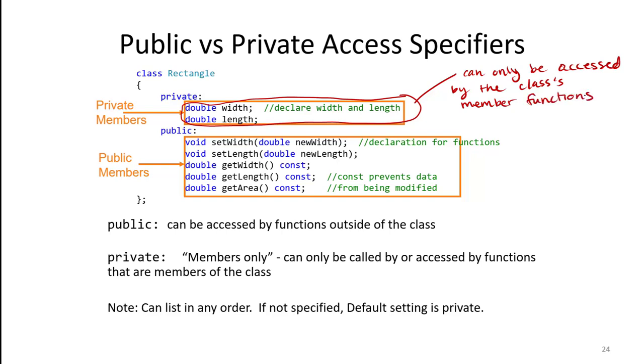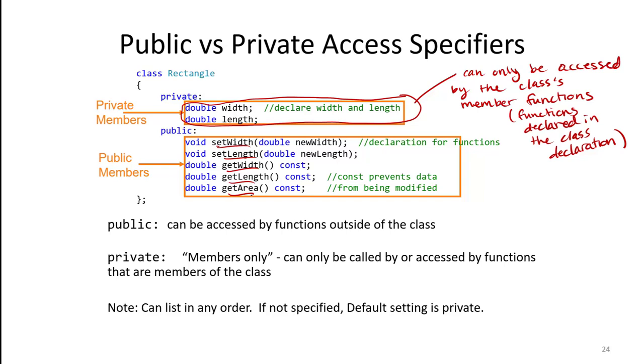Member functions are the functions declared in the class declaration. So in this case, notice the width and the length variables in this rectangle class are private. The only things that can change width and length are the functions setWidth, setLength, getWidth, getLength, and getArea.